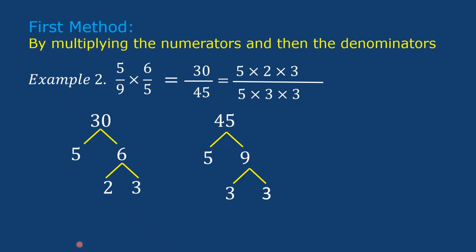So 45 is equal to 5 times 3 times 3. And then cancel 5 in the numerator with 5 in the denominator. Cancel 3 in the numerator with 3 in the denominator. So this is now equal to 2 over 3.